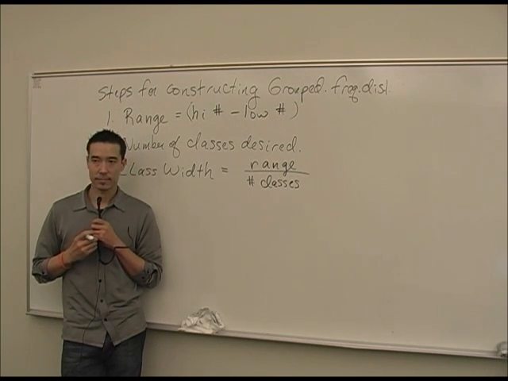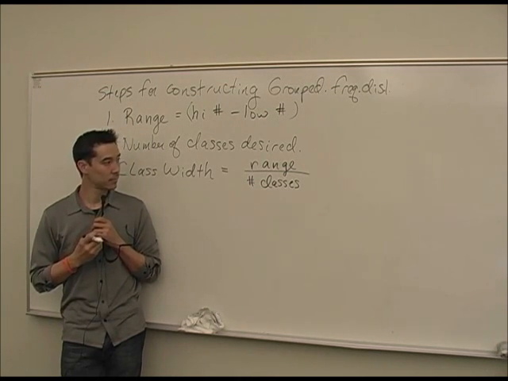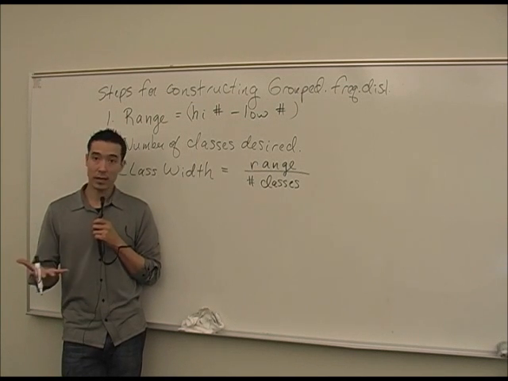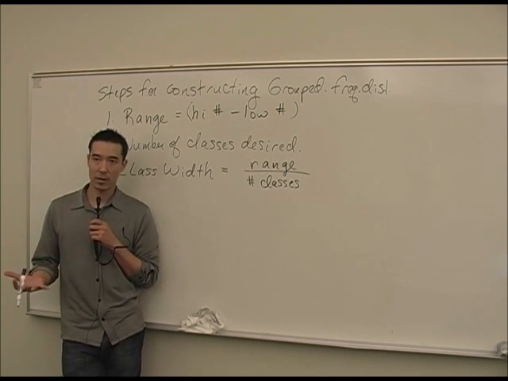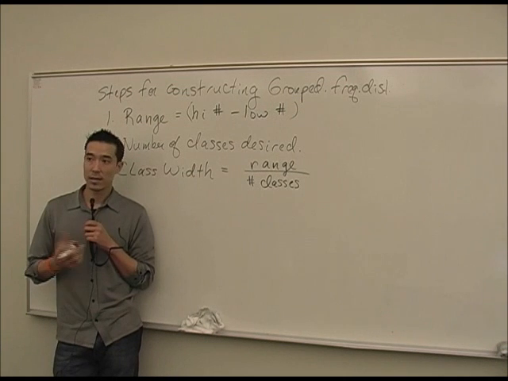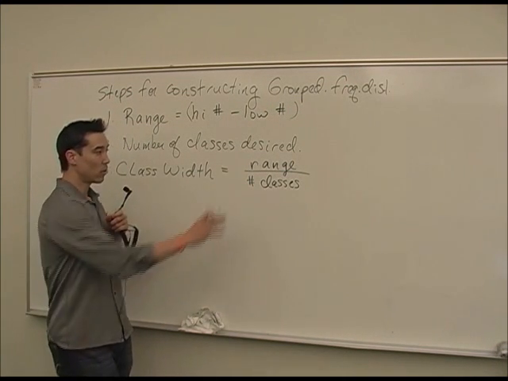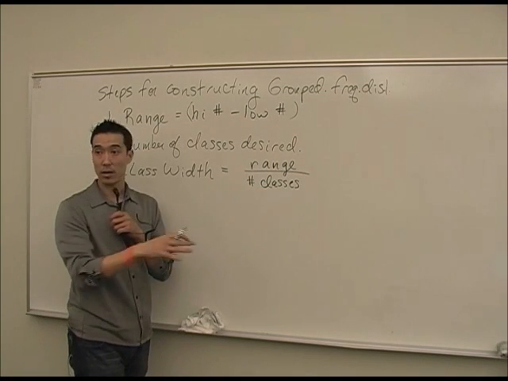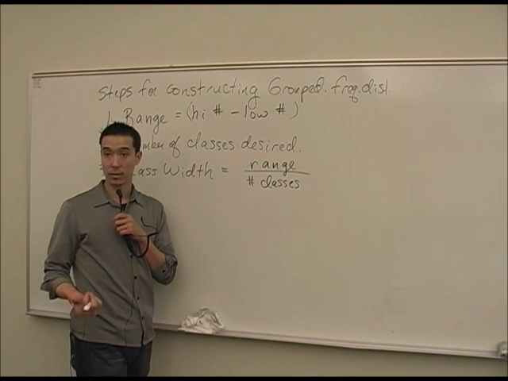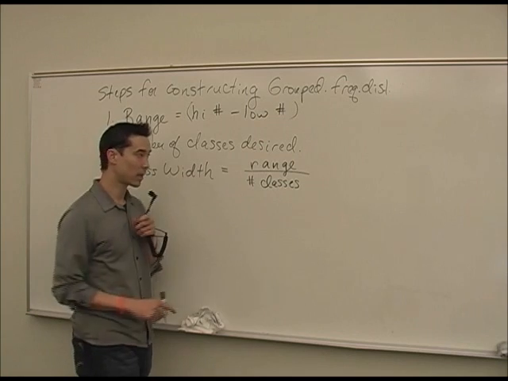Now, what happens when we divide 2 numbers? We're supposed to get one number. What is that number often going to be? A lot of times you'll have decimals or fractions. So whatever happens with this number, you want to round it up to the next whole number. That's very important when you calculate this.